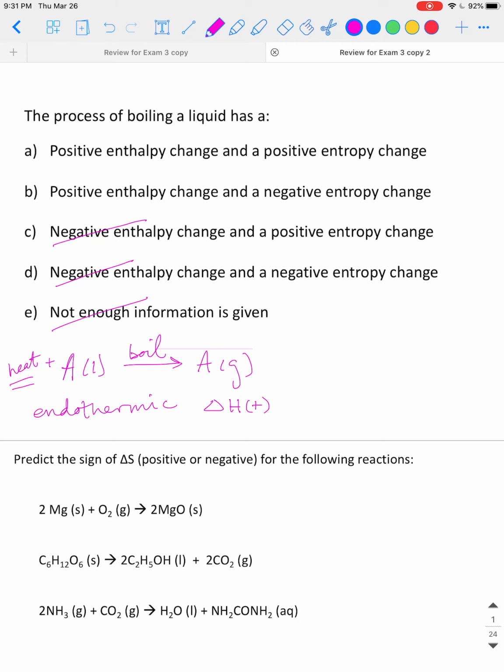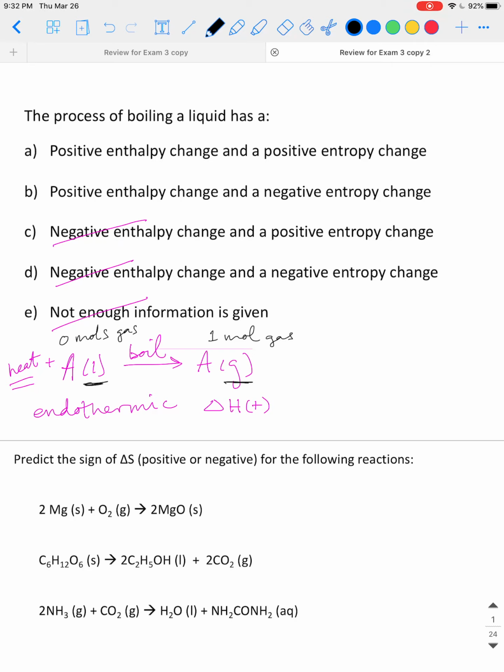So now we need to consider what entropy is doing. We are going from a liquid to a gas. So we have 0 moles of gas on the reactant side. We have 1 mole of gas on the product side. And gas is the most disordered state of matter.